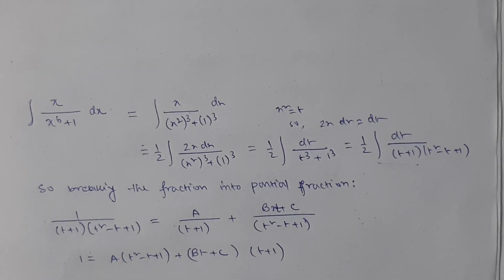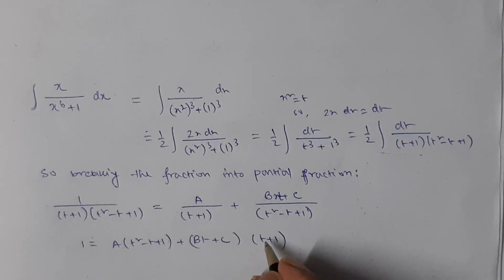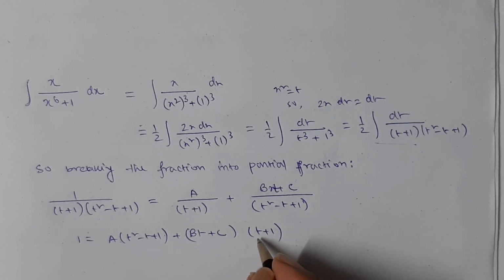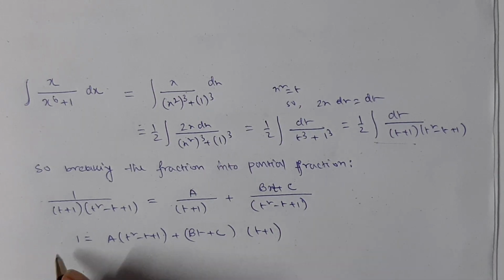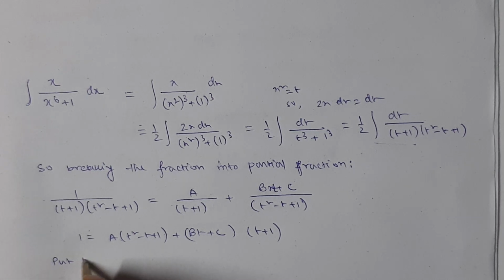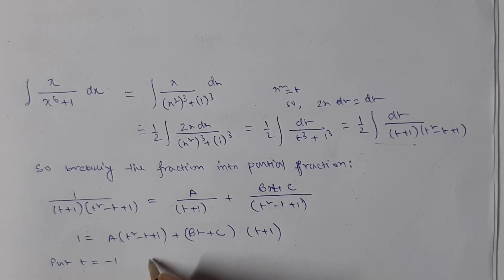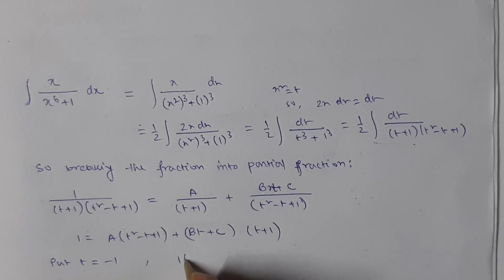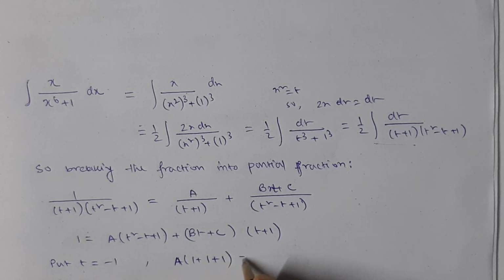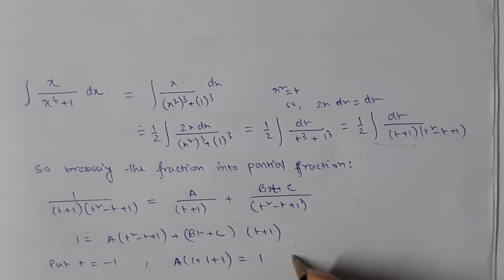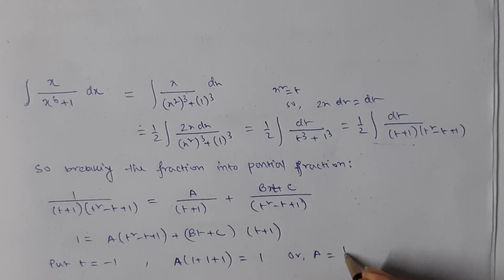Now we have to note that if we put the value t is equal to minus 1, then the whole term will be 0. Okay, so put t is equal to minus 1, then 1 is equal to a into (1 plus 1 plus 1), or a is equal to 1 by 3.